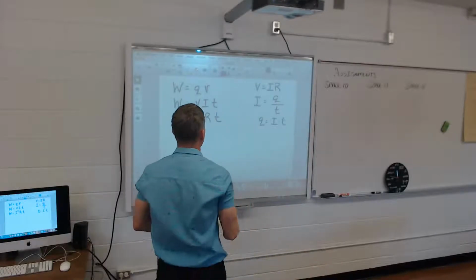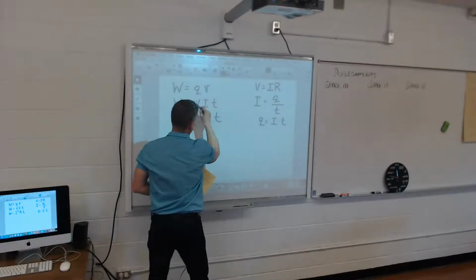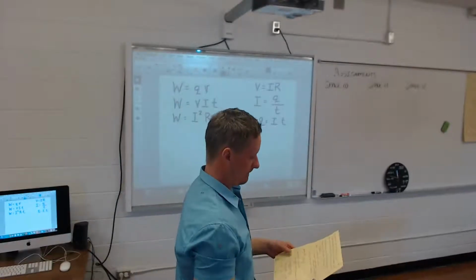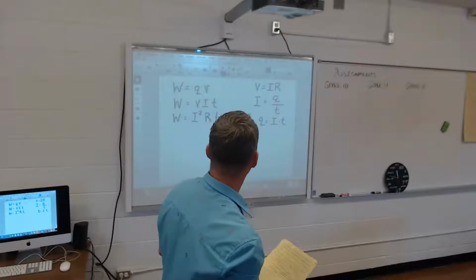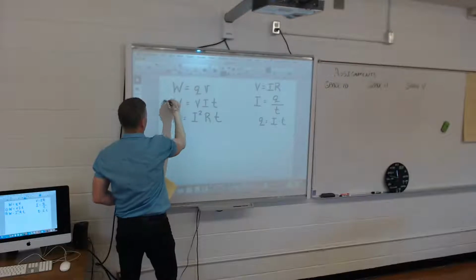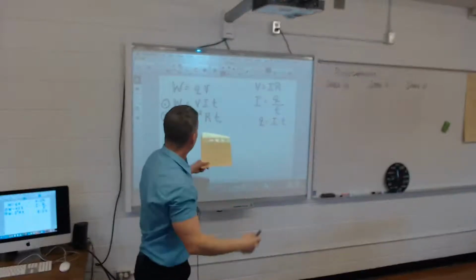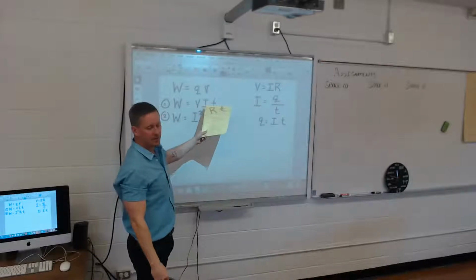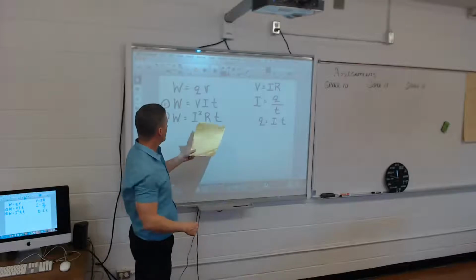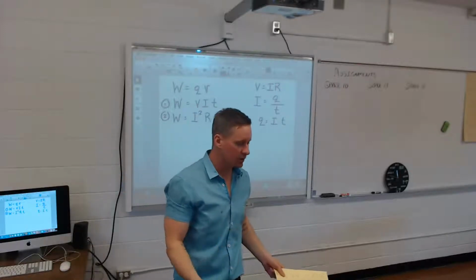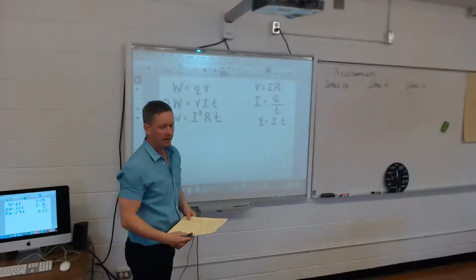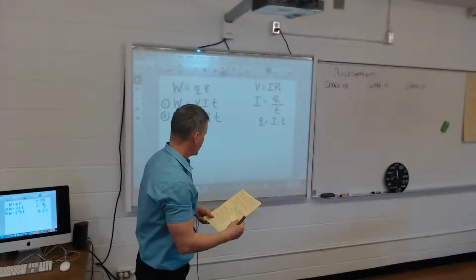All I've done is take the IR and substitute it in for V. So these are two equations that I can use. This one deals with potential difference, current, and time. What if I don't know the potential difference, but I do know the current and the amount of resistance over the whole circuit? I can use I squared RT to help solve it.